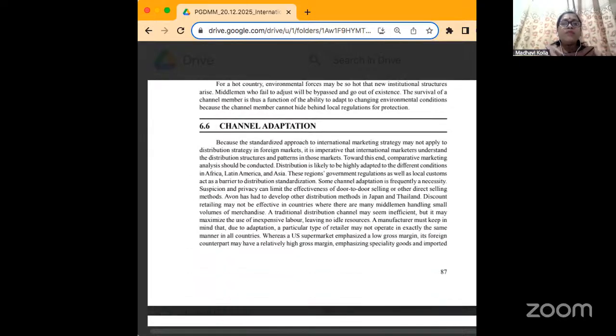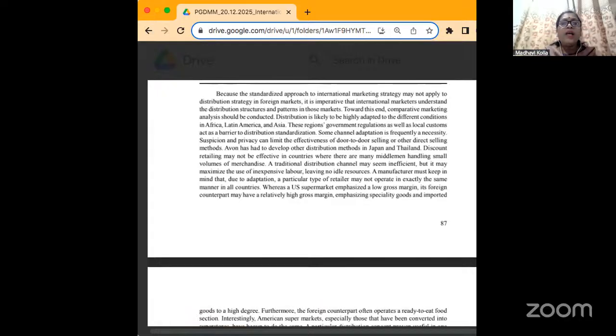Then, in terms of channel adaptation, the company may finally decide that a standardized approach is necessary. However, it is not necessary that it always be so. In certain countries, the company may follow one channel with its partner, and in another country or another trading block, it may go for an entirely different marketing channel.